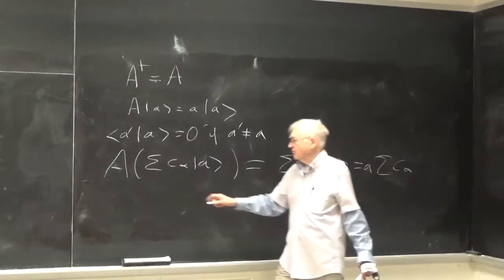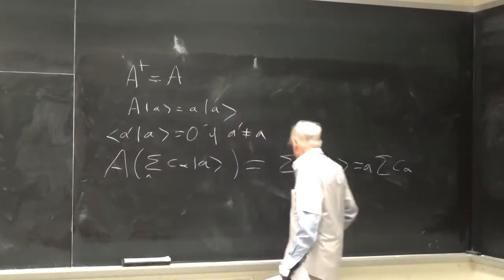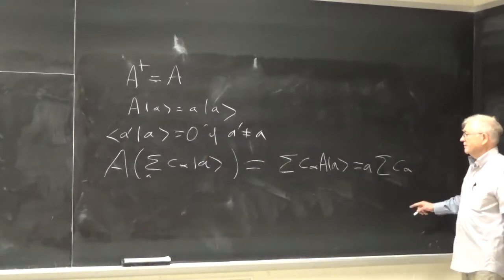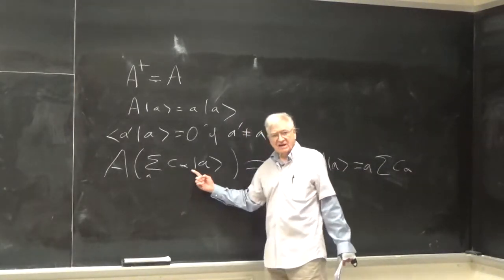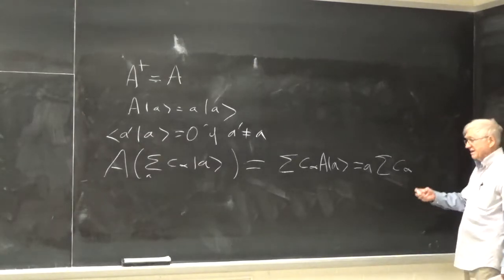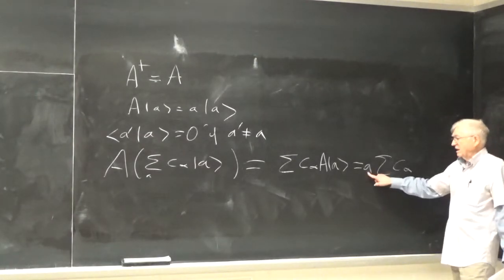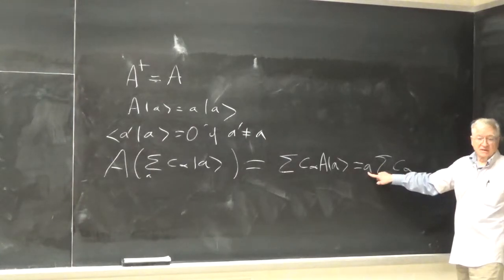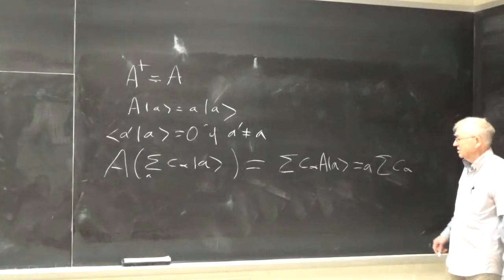I'm summing here over the same eigenvalue. In other words, A maps any linear combination of the degenerate eigenvectors corresponding to a particular eigenvalue into a multiple, namely the eigenvalue times the same linear combination.